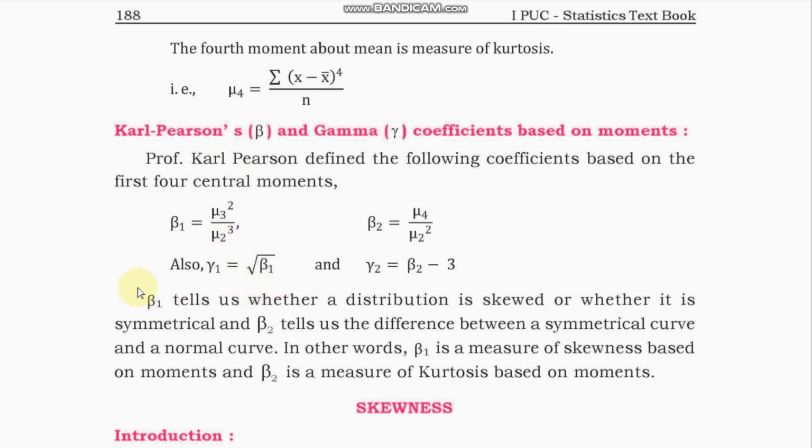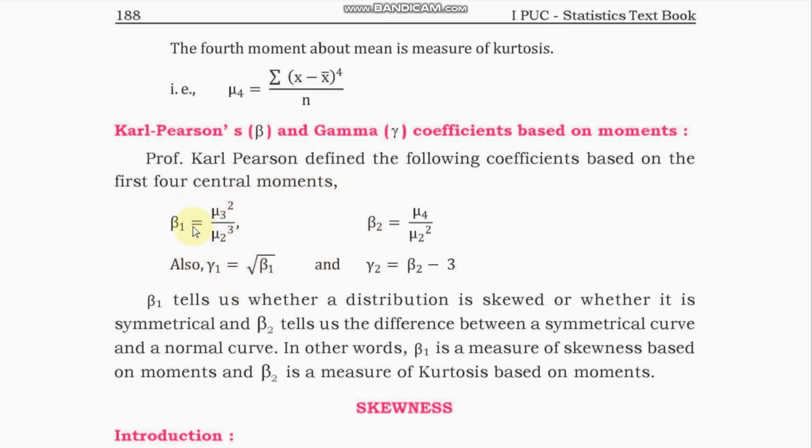Here beta 1 tells us the skewness of the distribution and beta 2 tells the kurtosis of the distribution. Okay, so based on the four moments, mu1, mu2, mu3 and mu4, Karl Pearson has derived these beta and gamma coefficients.